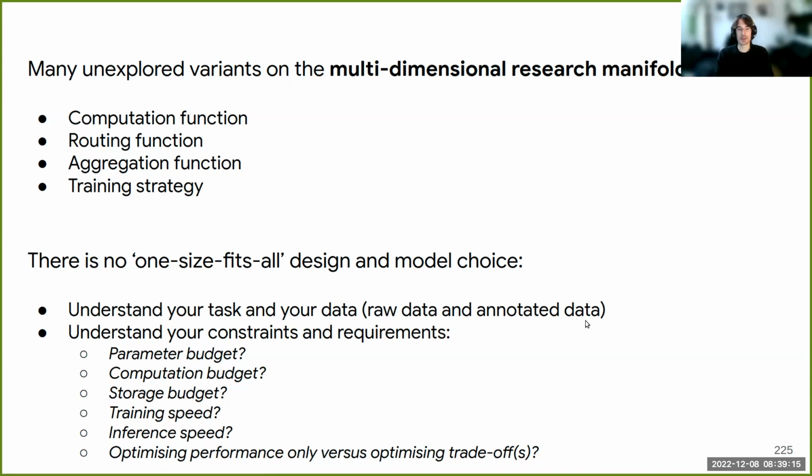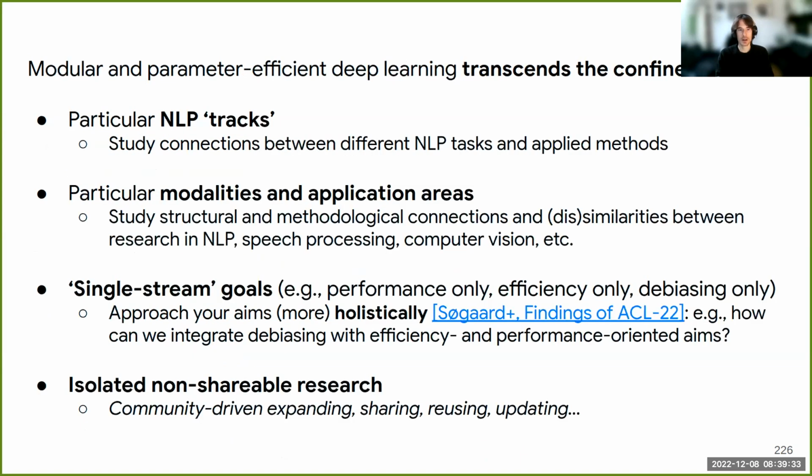So you have to take into account all these different things when you are deciding on your architecture: computation, parameters, storage budget, whether training speed is paramount, inference speed, whether you care about performance, or whether reducing the model size, reducing the training time, et cetera. And I mean, this modular and parameter efficient deep learning actually transcends the confines of particular NLP.